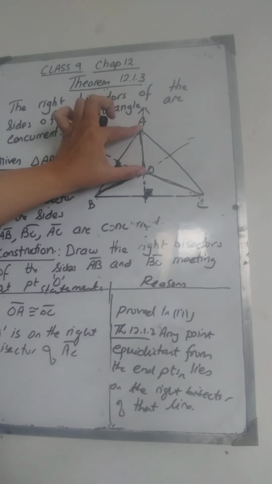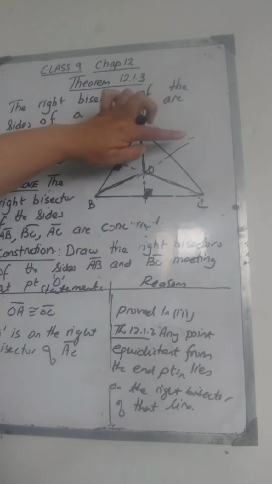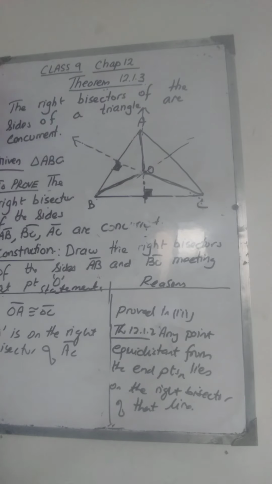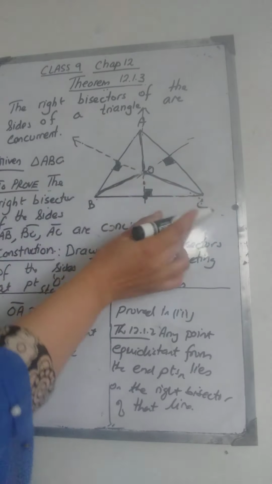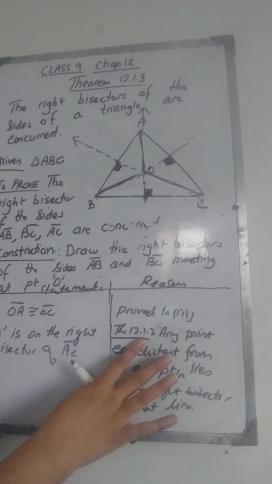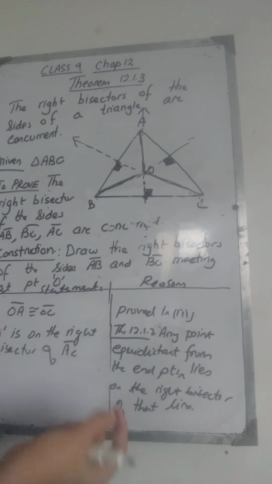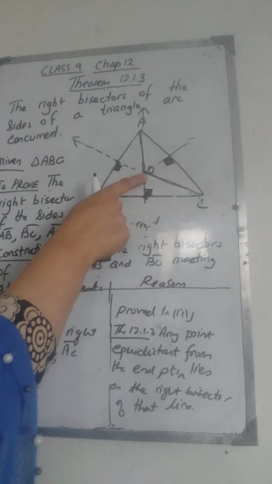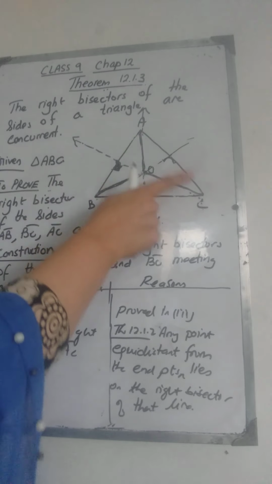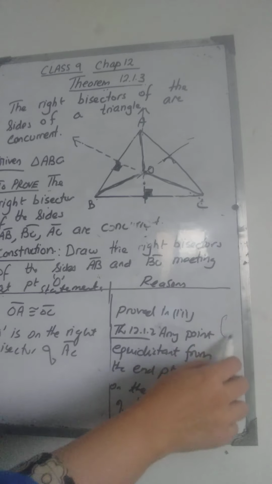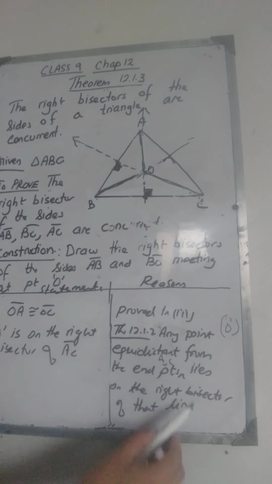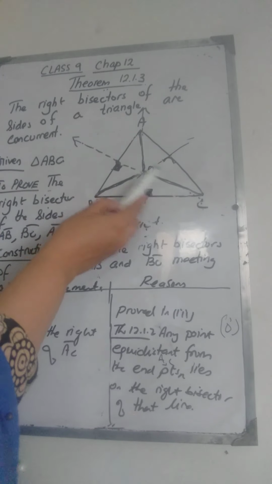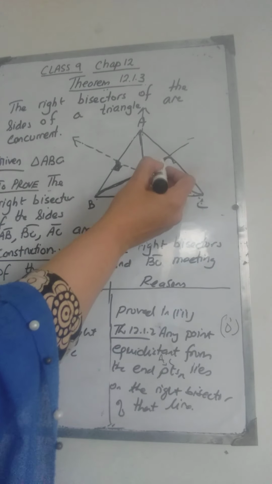It means the distance of O from A and C is the same, so by theorem 12.1.2, O must lie on the right bisector of AC.